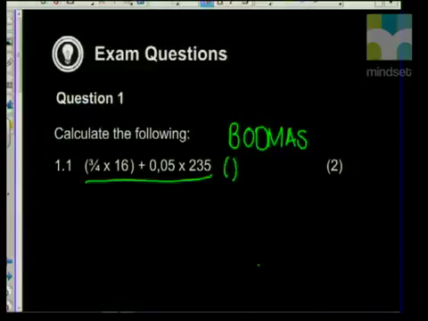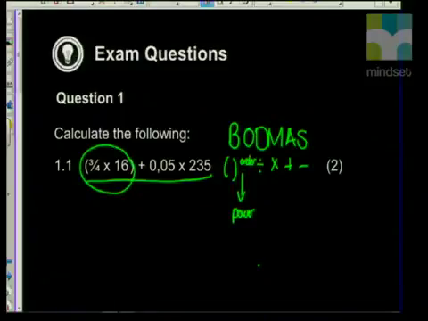B stands for brackets. This one stands for order, which is basically your power, if it was to the power of 2 or something else. This one would be divide, multiply, add, or subtract. So in this situation, I would look and see, oh, I've got brackets, so I'm going to do this part first.